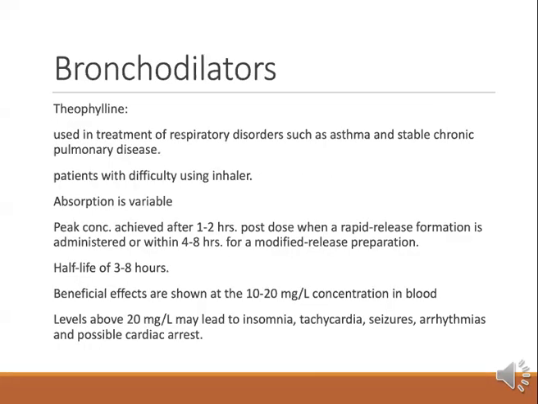And lastly, bronchodilators, theophylline. These are used in the treatment of respiratory disorders like asthma and stable chronic pulmonary disease, and also in patients with difficulty using an inhaler. So the absorption is variable.